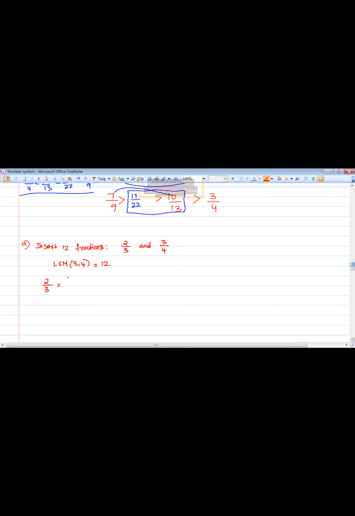So then we will get 8 by 12. So what about your 3 by 4 with the denominator as 12? Yes, very good. 9 by 12. Okay. So now we have our numbers 8 by 12 and 9 by 12. How many fractions we need in between? 12. Can you please reply by which number I should multiply and then divide? Minimum.